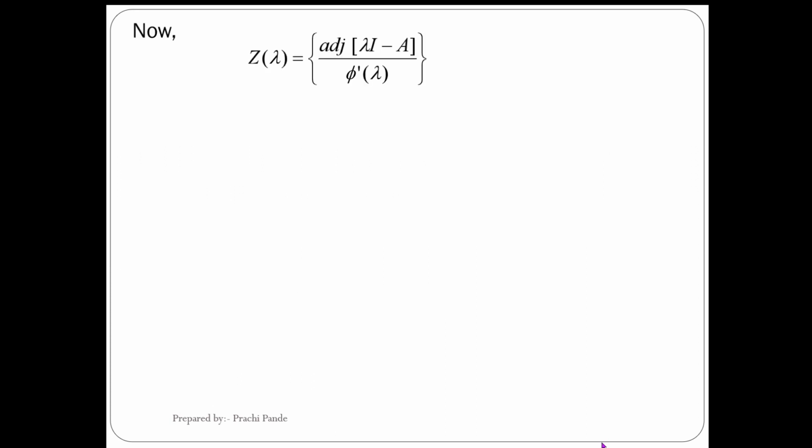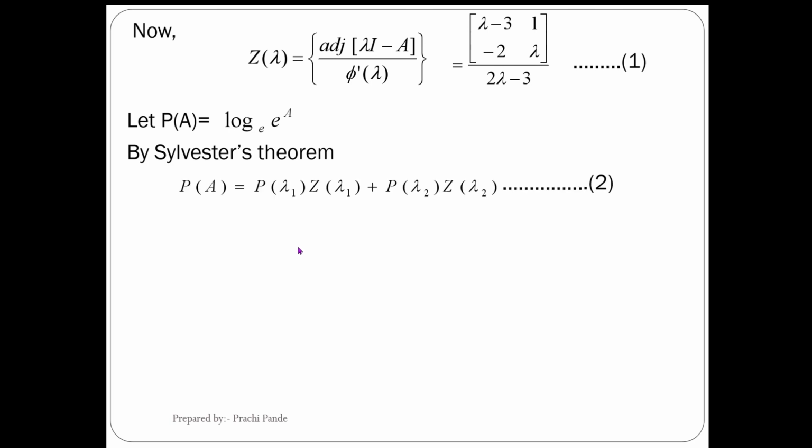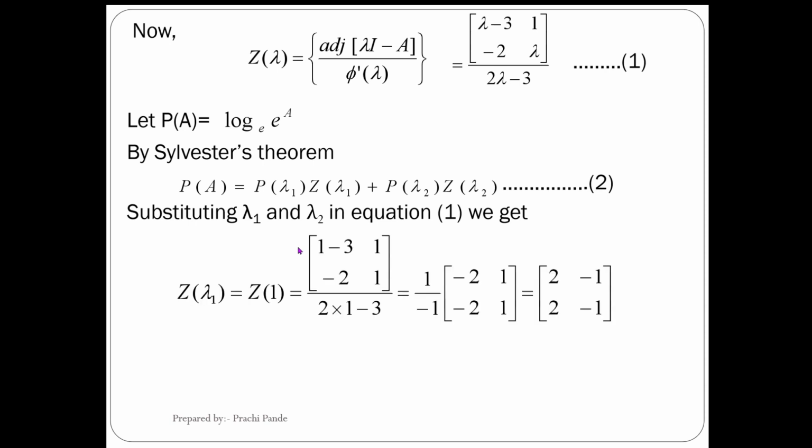Now further, we have to find z of lambda, which is given by equation number 1, and whatever we want to show or verify is nothing but P of A. So P of A is equal to log of e raised to power A to the base e. By Sylvester theorem, we will get equation number 2. Substituting lambda 1 and lambda 2 in equation 1 to get z of lambda 1 and z of lambda 2.